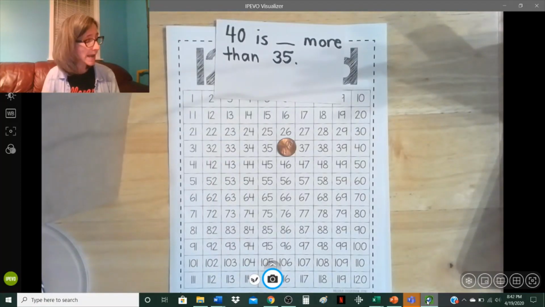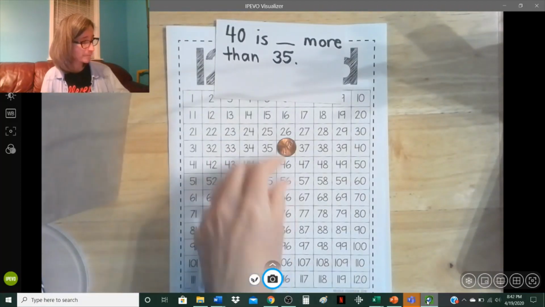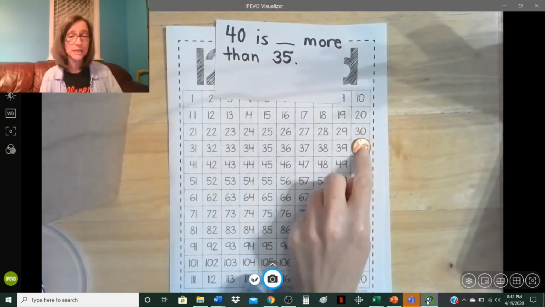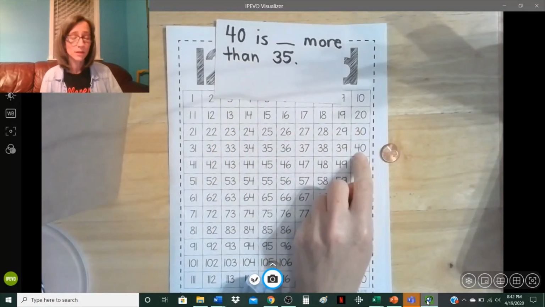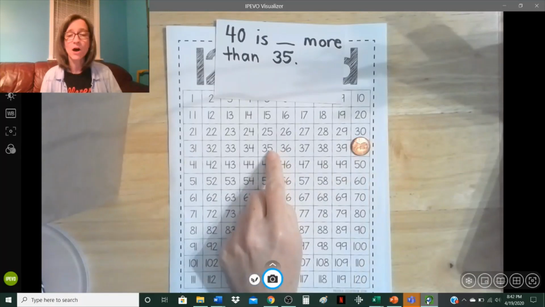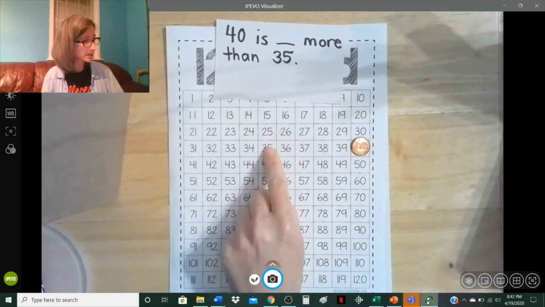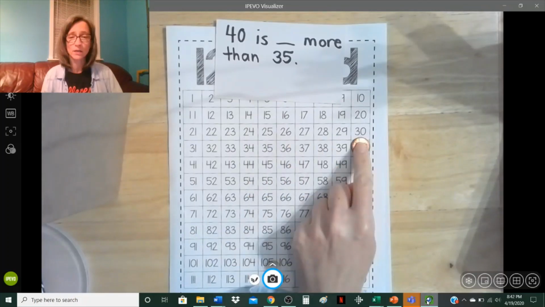40 is blank more than 35. 40 is all the way here. 35 is all the way over here. What is the difference from 35 to 40?